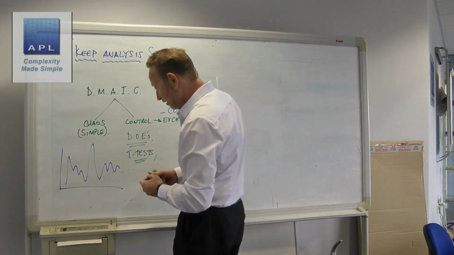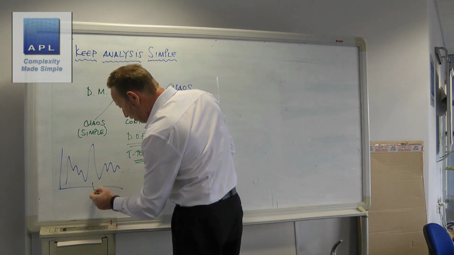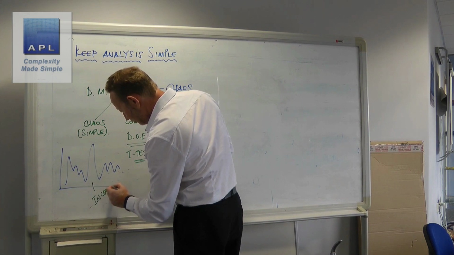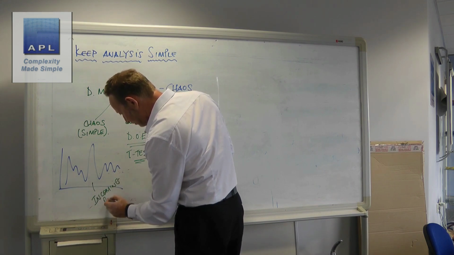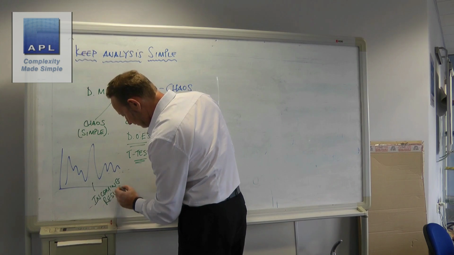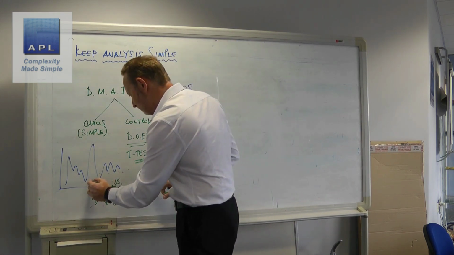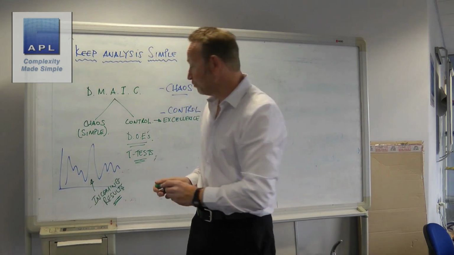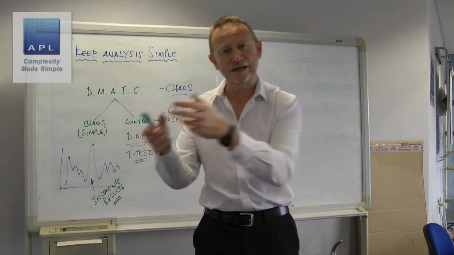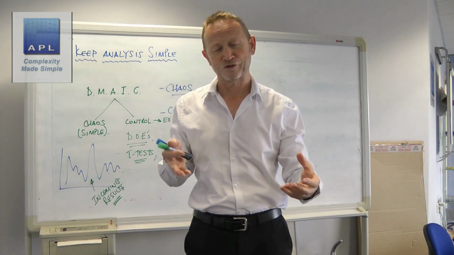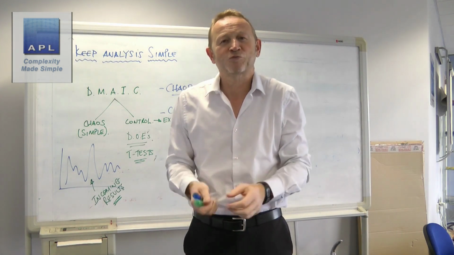And by the way, these results are his incoming results. The likelihood is that if these are the results that he's seeing inside the factory, it's an awful lot worse than this. Yeah, much more chaotic.